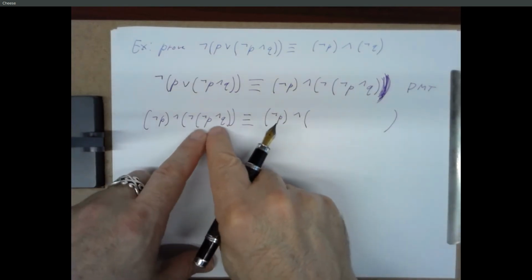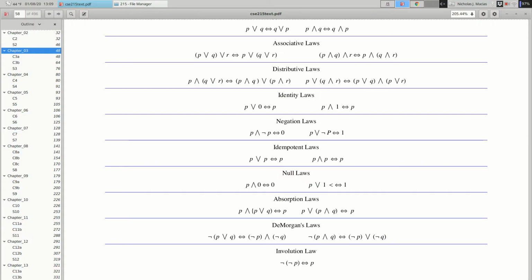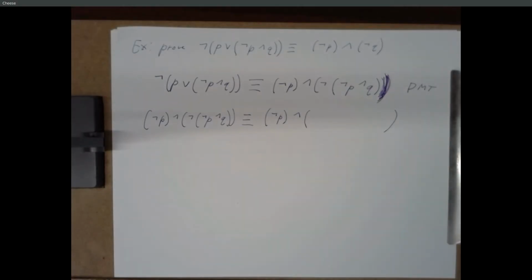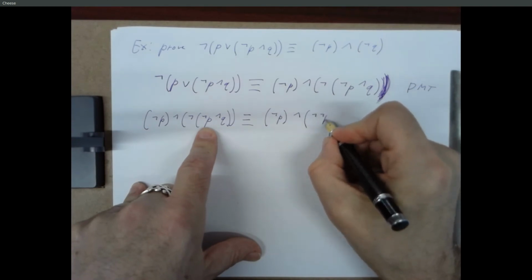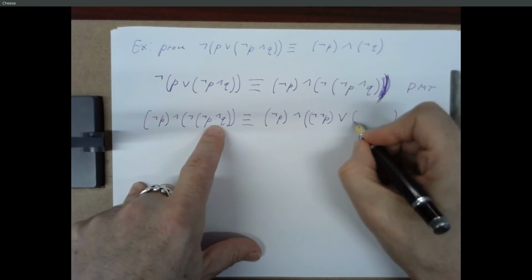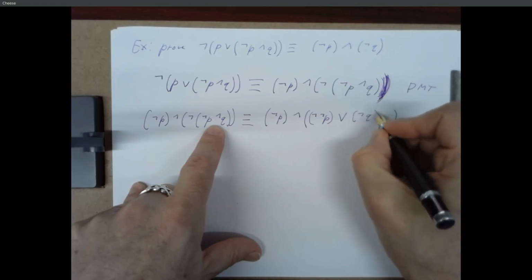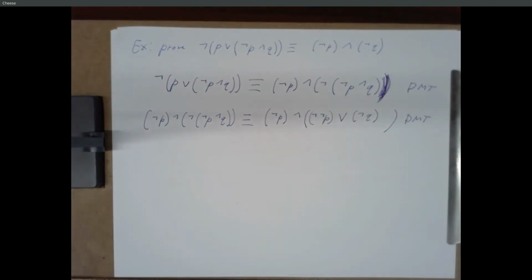And the negation of something ANDed with something, De Morgan part 2 says, is the negation of the two things ORed together. So this is logically equivalent to the negation of P ORed with the negation of Q.